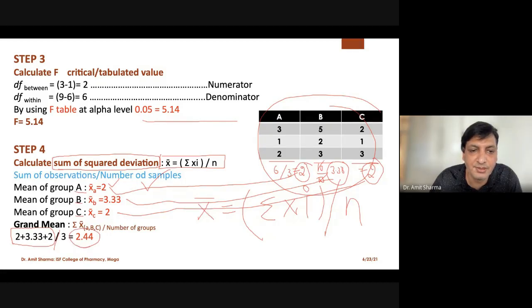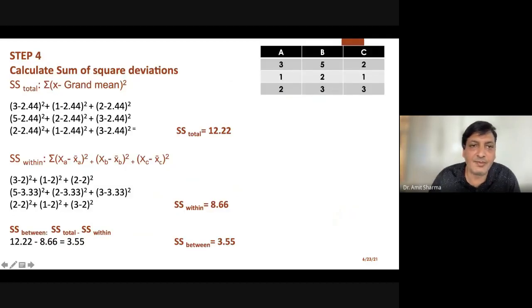Clear? Once the grand mean has been calculated, you can go to step number 4. Here, you don't have to bother that there are so many big calculations. There are some techniques which you have to use. If you remember them, you are going to do the numerical.